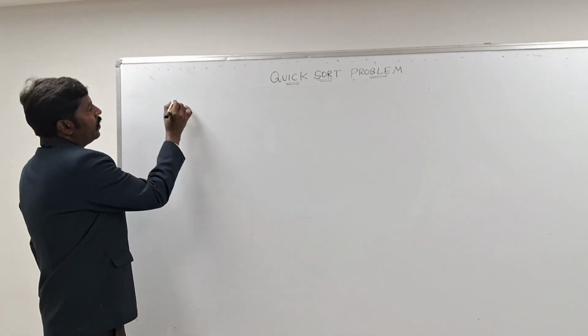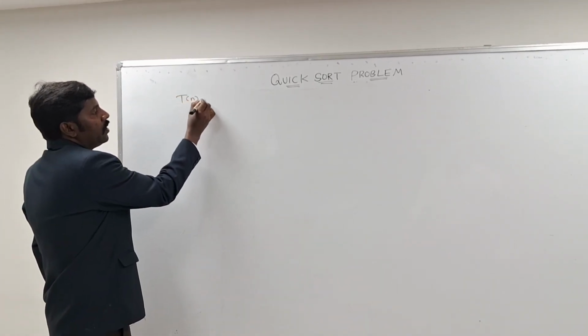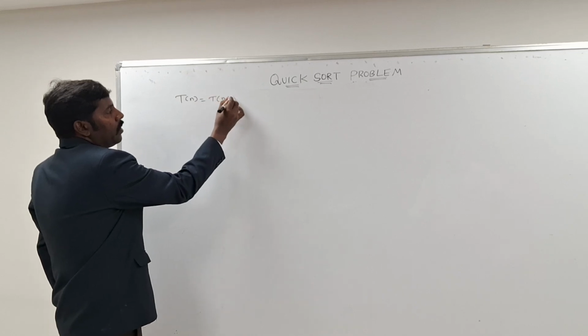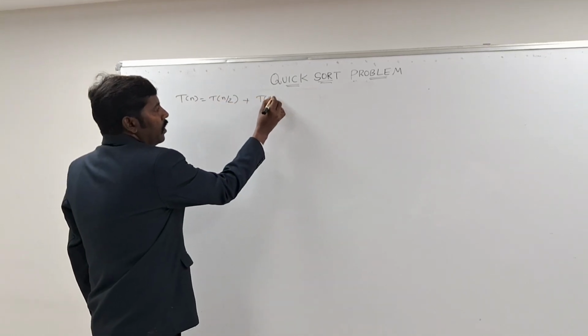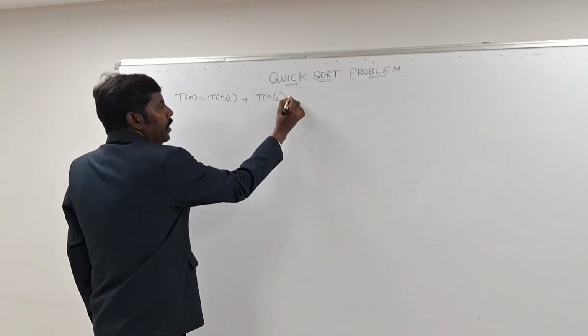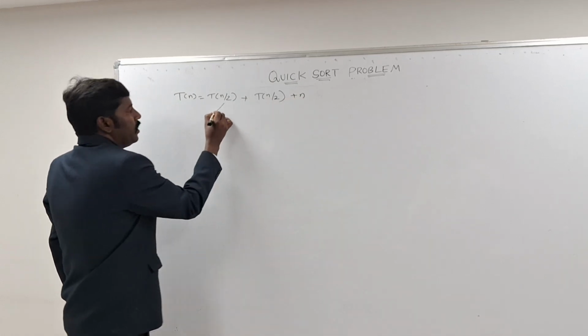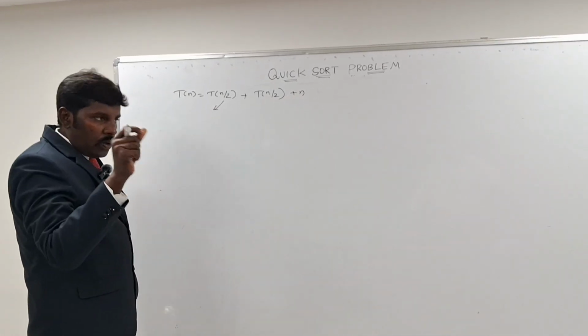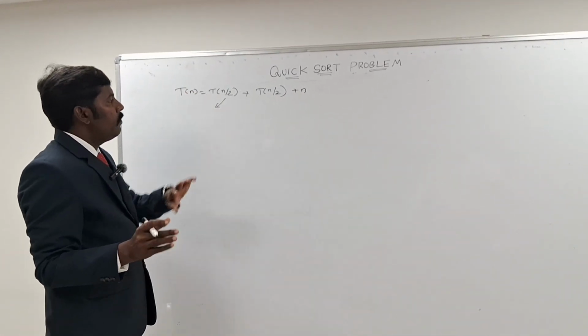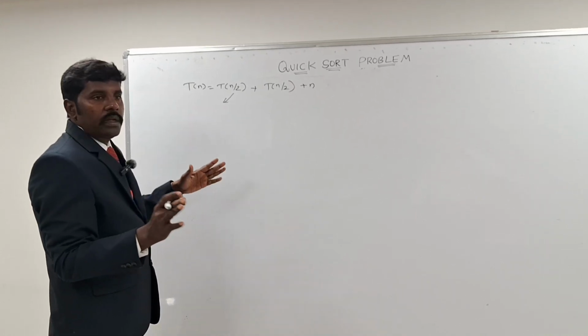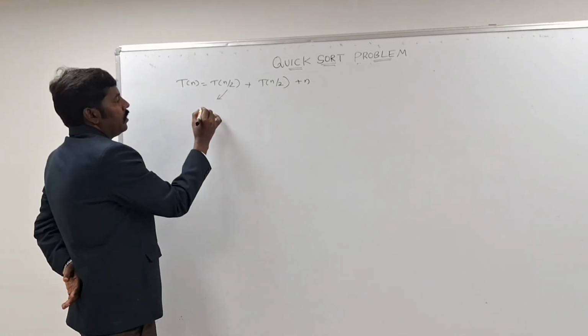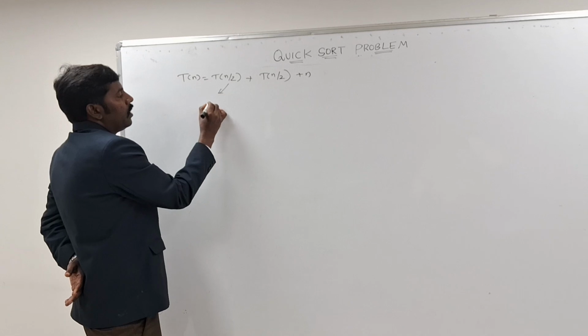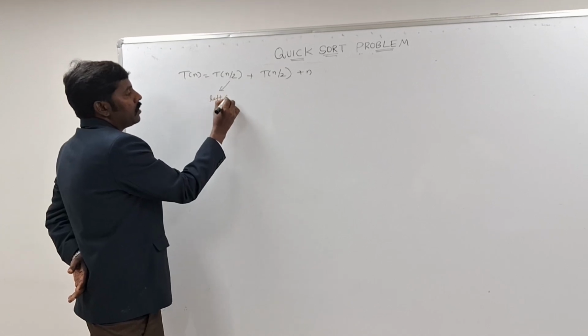So form the recurrence equation: T of n equals T of n by 2 plus T of n by 2 plus n. This T of n by 2 is the required time to divide the left sublist.